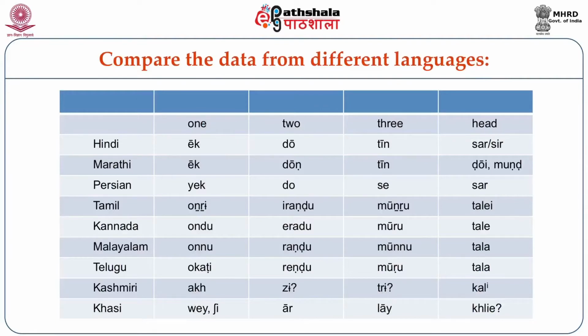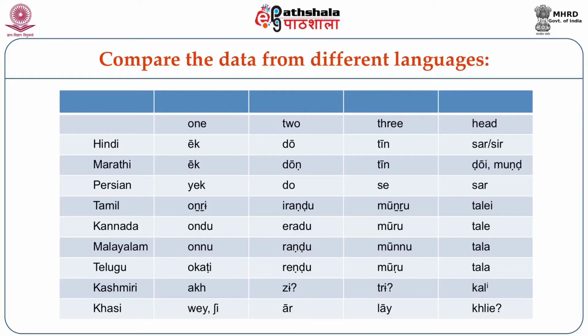So if you look at the form for two, do in Hindi, don in Marathi, do in Persian, all belong to the same group, as you can see. Similarly, irandu, yaradu, randu, rendu in the next four languages show that they belong to a different group.